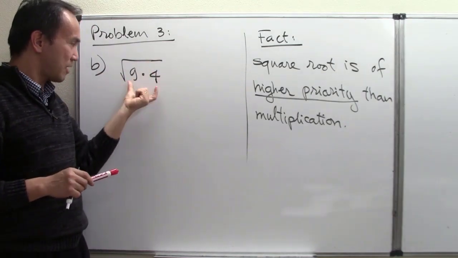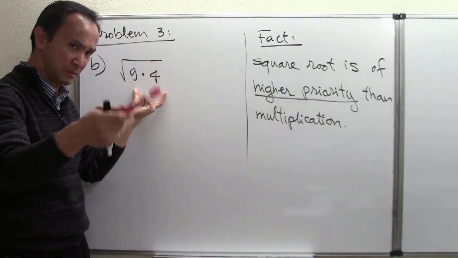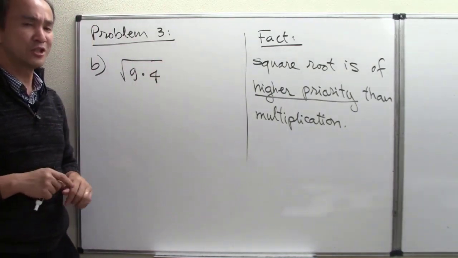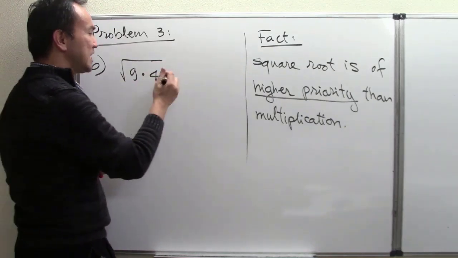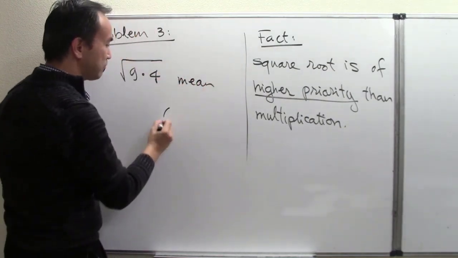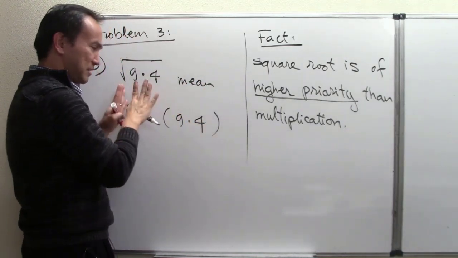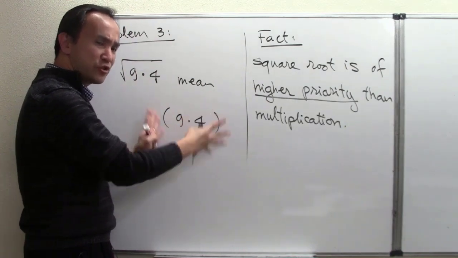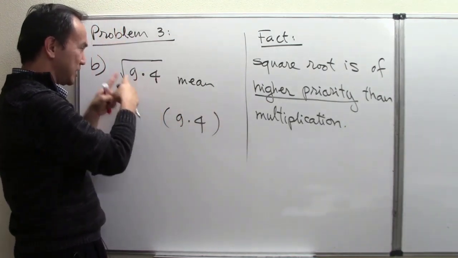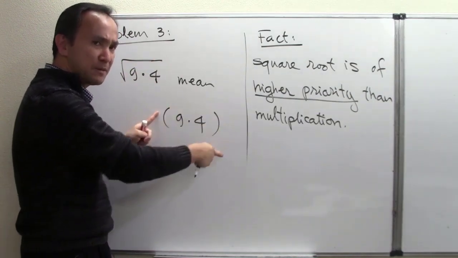We take the square root of that product, and the product is between 9 and 4. Behind the scenes, this means we have to put 9 times 4 as one group. The parentheses was not initially introduced, but that's what it means. When you take the square root over a product, that means we group the product in parentheses.